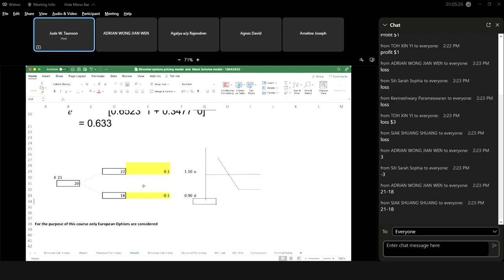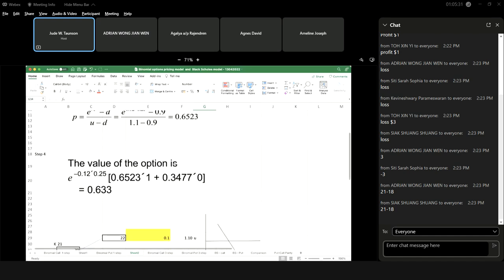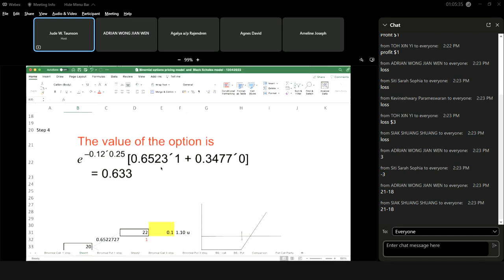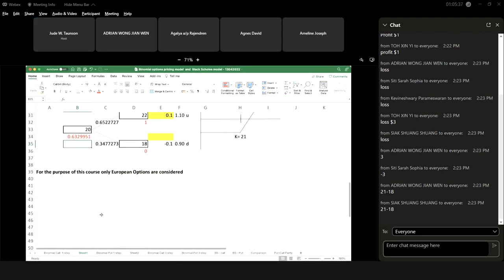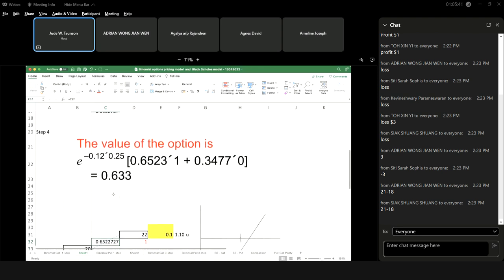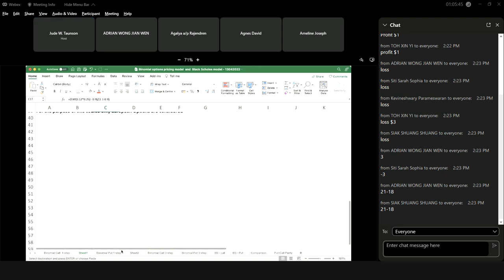Next we calculate the probability. Sama juga lah, the probability is the same situation. Let us just copy this one. The probability is the same. So I'm going to put it straight away here.